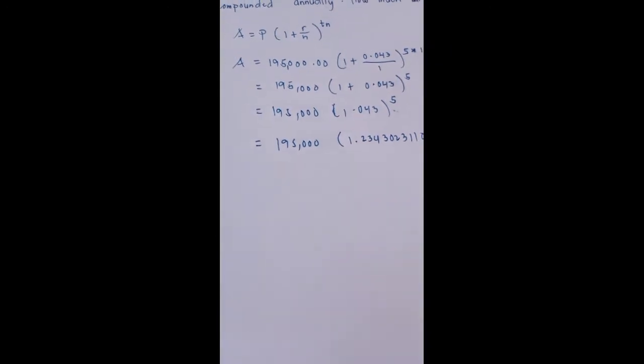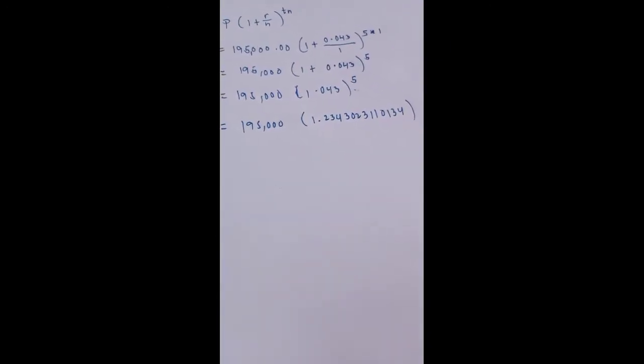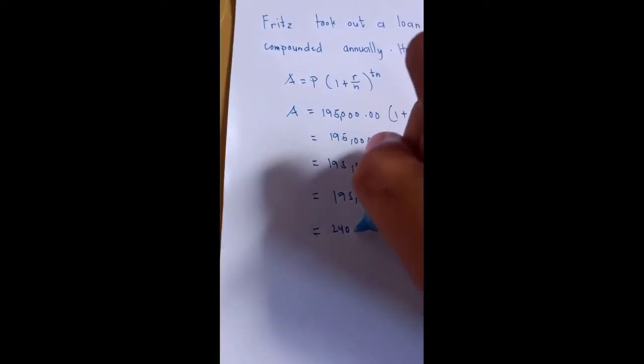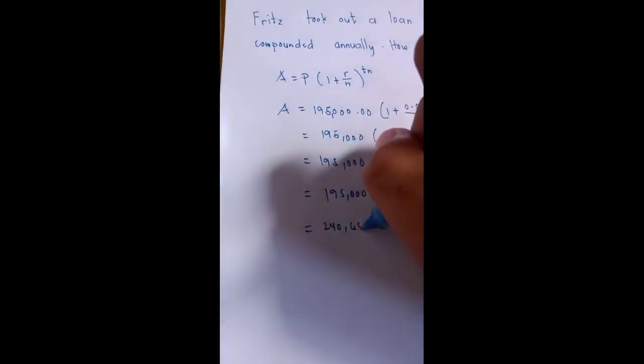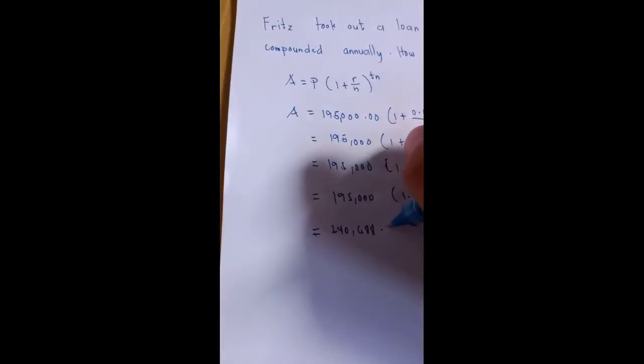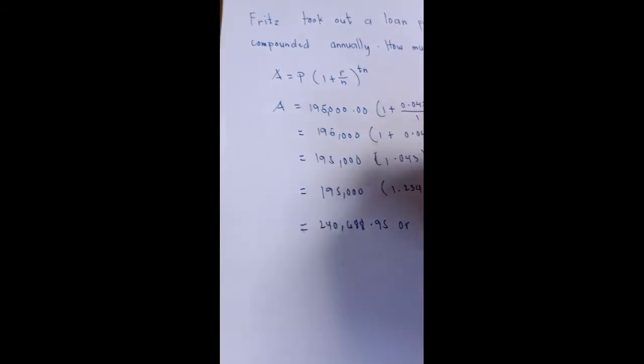After solving it, you need to multiply 195,000 times 1.2343023110134, and the answer will be 240,688.95, or we can round this off to 240,689.